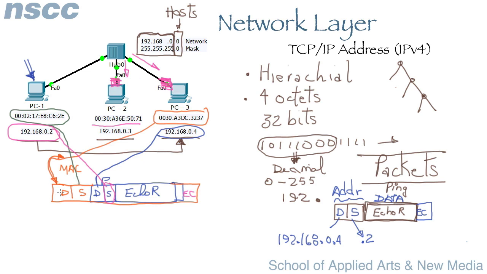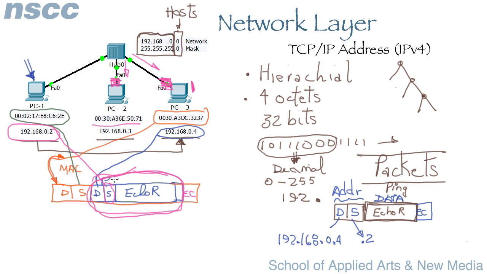PC3, though, looks at the destination, says, that matches my MAC address, and so I'm going to process that further. It looks at the frame type. I haven't shown the frame type in here. And it knows that it's going to send it up to some software in its driver that's going to be responsible for processing network layer information. So it basically strips off this packet and sends it on for processing in its PC.